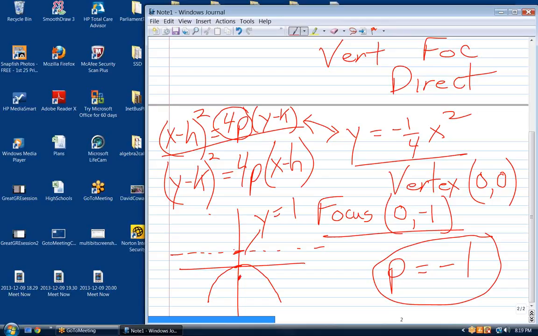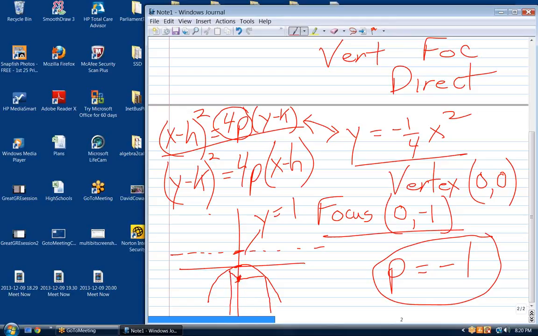We don't actually draw this. The reason I make it a dotted line is because when you graph this parabola, you don't graph this directrix. But it's useful to know because parabolas have very interesting reflective properties. This is the way light bulbs or flashlights are made. You put the light bulb right there, and every light ray coming off the light bulb hits the side of the parabola and goes straight out, no matter what angle.